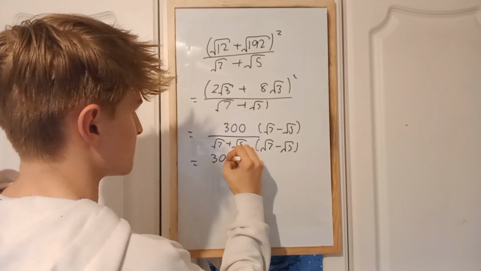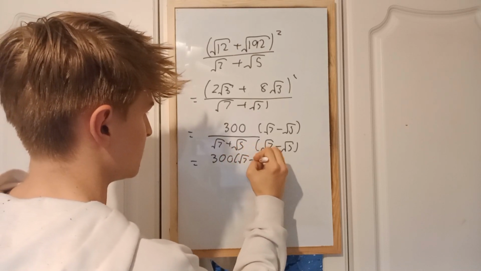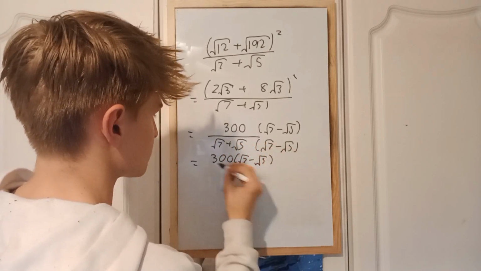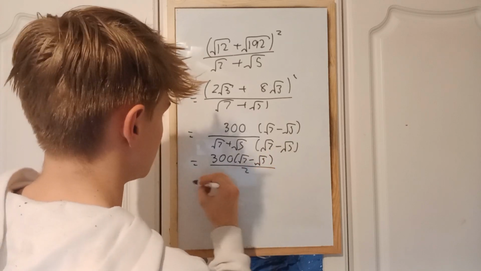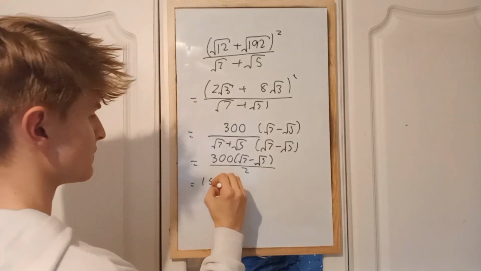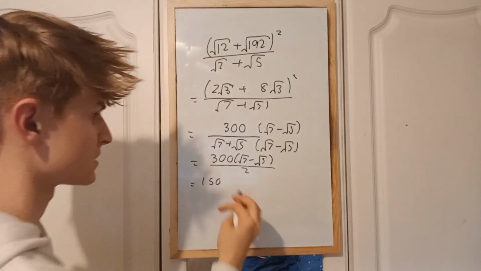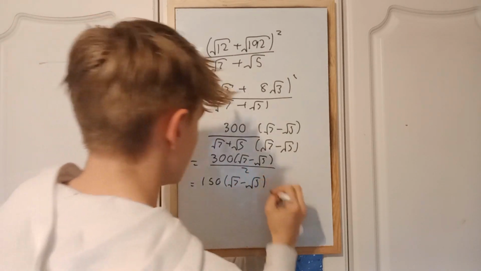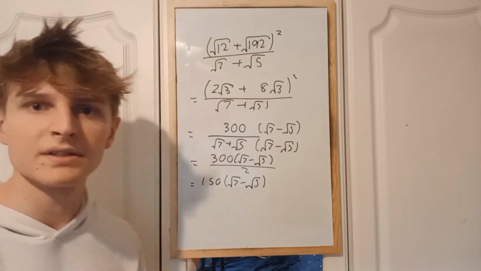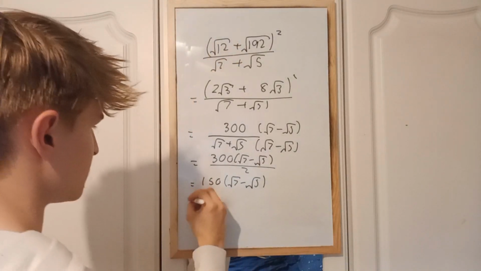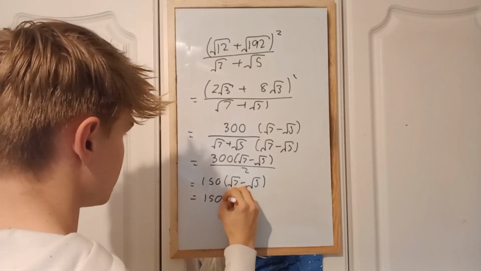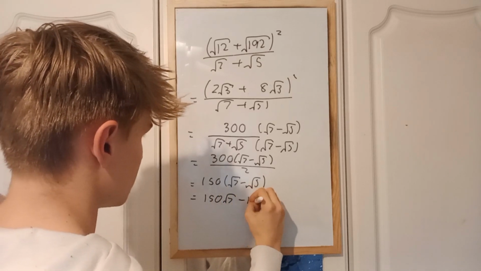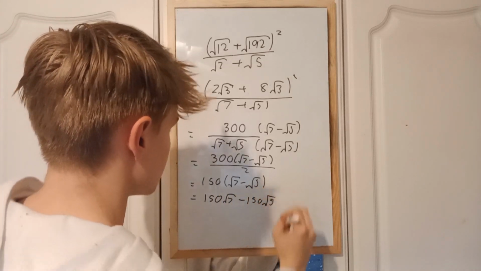And I'm going to keep this top one here, all over 2. Now that equals 150, 300 divided by 2, pretty simple, times root 7 minus root 5. Okay, now let's distribute that. You get 150 root 7 minus 150 root 5.